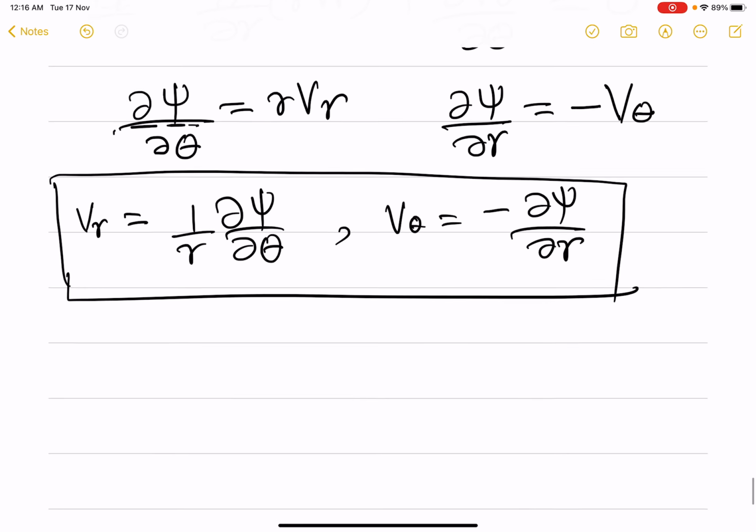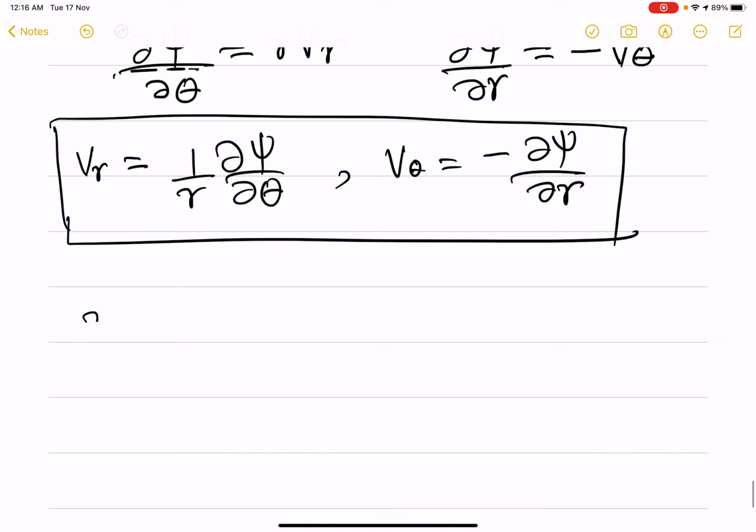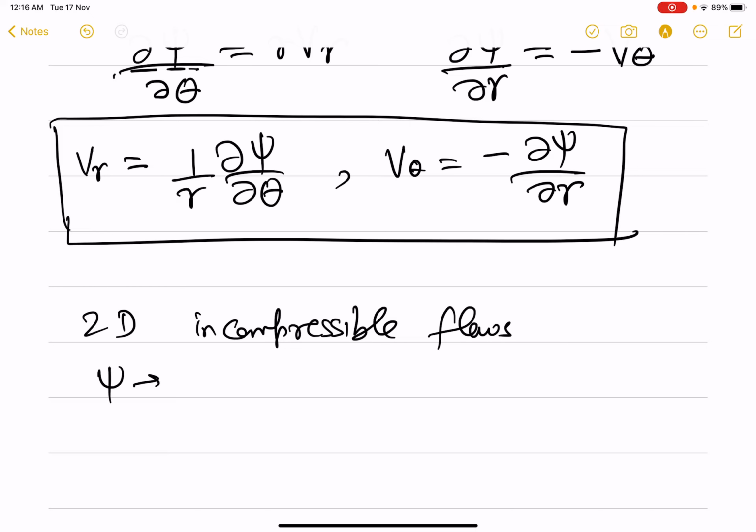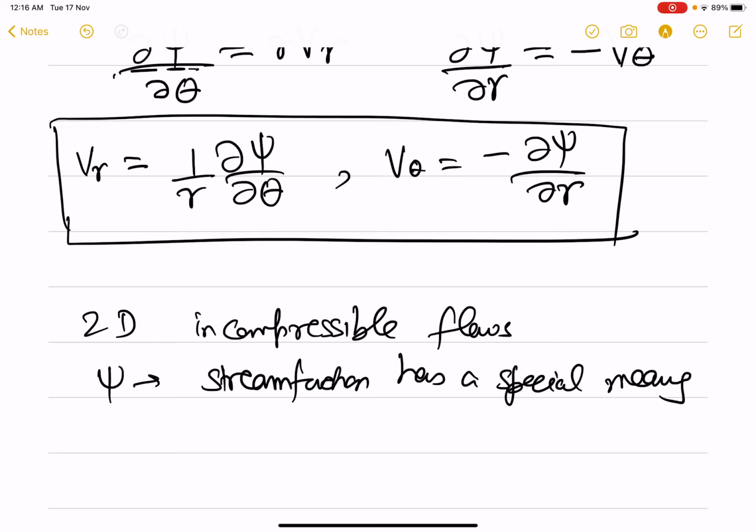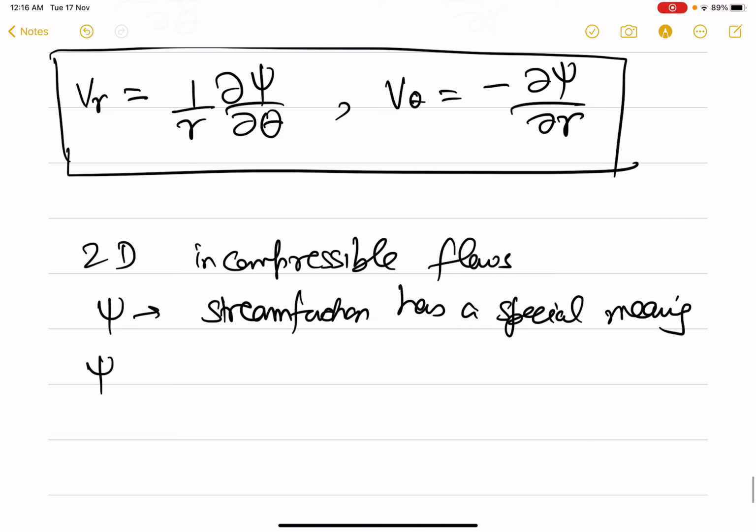Now for these 2D incompressible flows, the function psi, which we are calling the stream function, has a special meaning. And this will tell you why we call it the stream function.